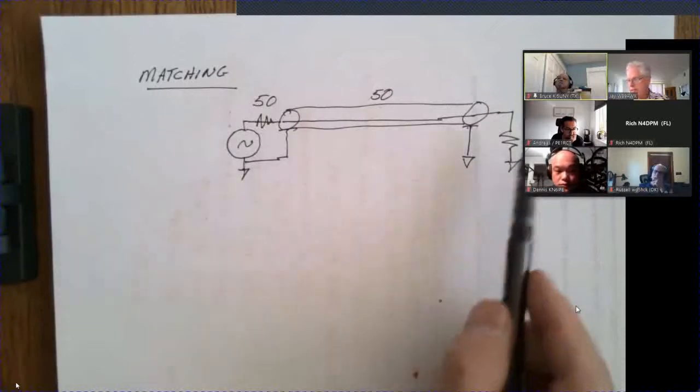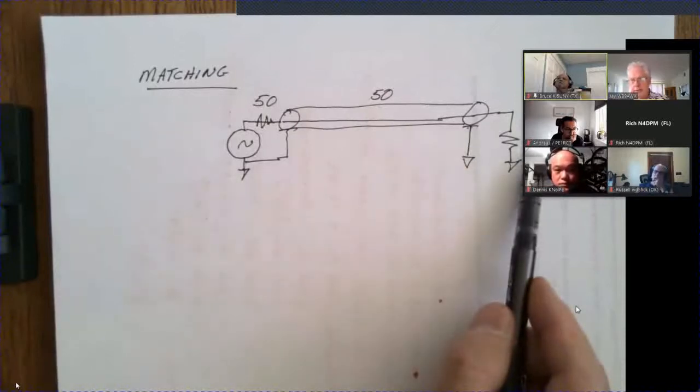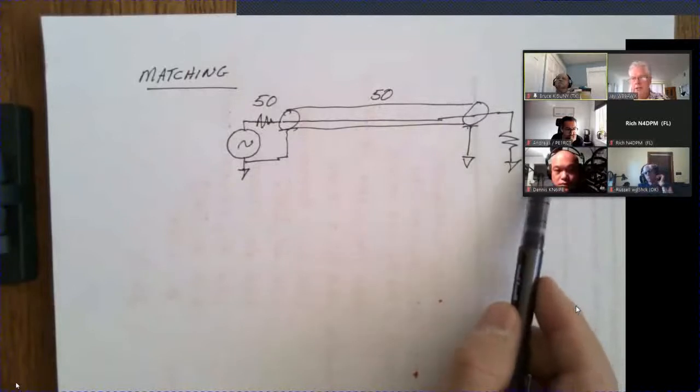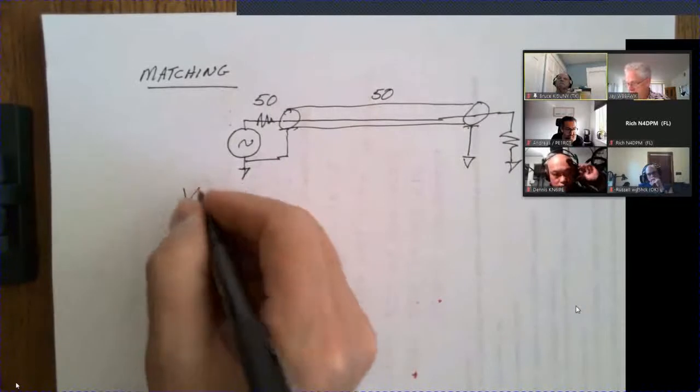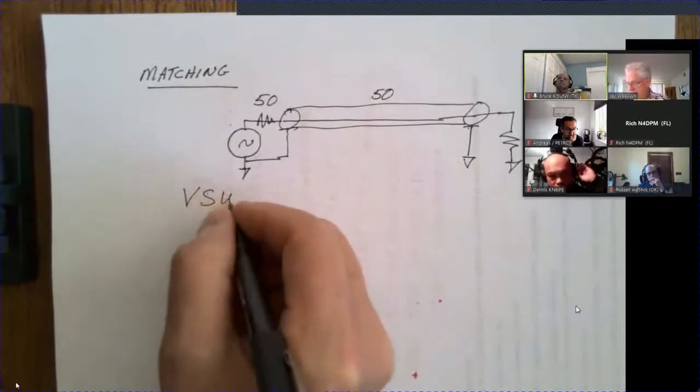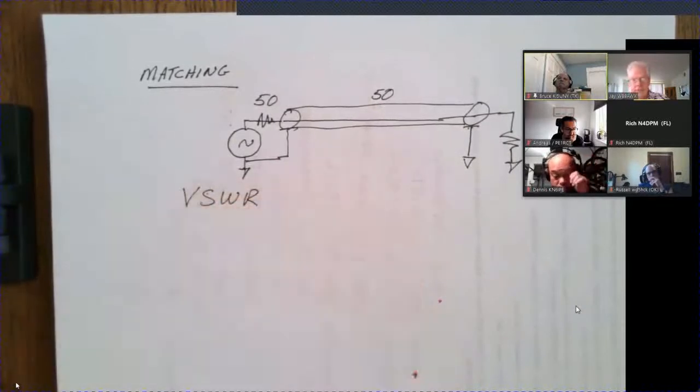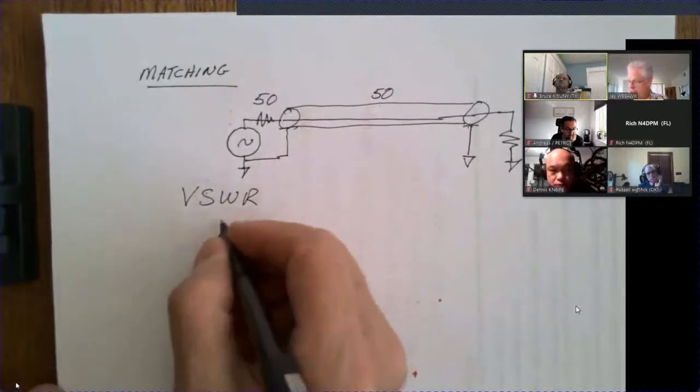You will get something less. The question is, how much less? So typically amateurs use the concept of voltage standing wave ratio. Some people call it VSWR, some people call it SWR, things like that. And it's usually expressed as a ratio.